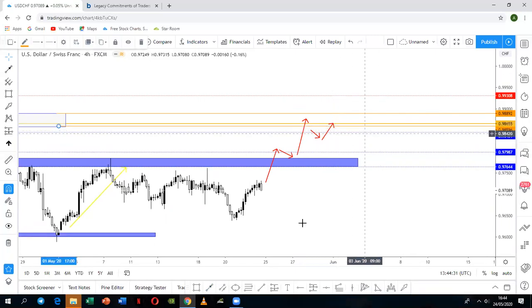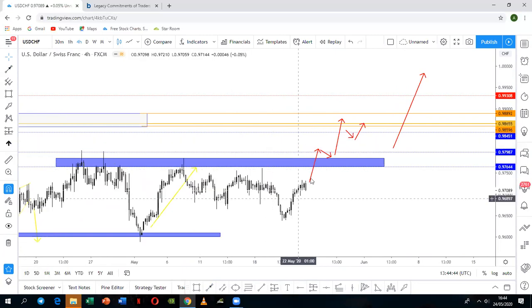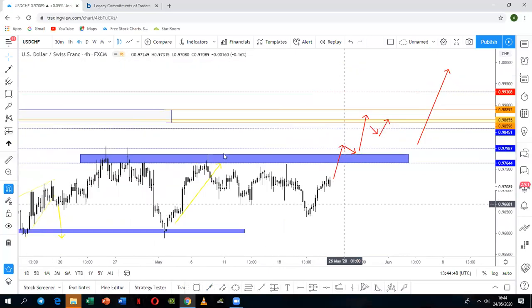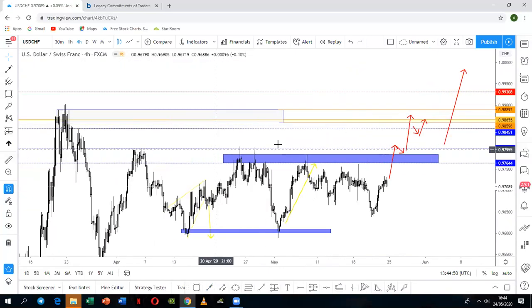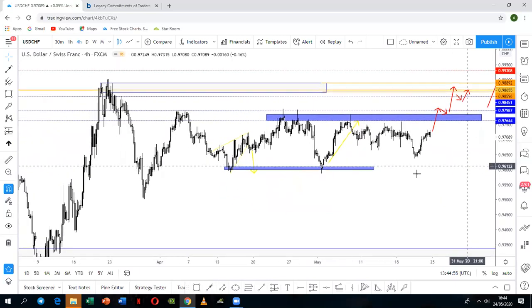And then that's how we continue. As it does this, it will be forming patterns. Since it's an uptrend, try to see whether you have some trend lines.